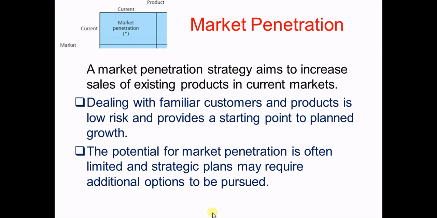Probably the reason for pursuing this strategy could be on the assumption that the sales are not growing for an organization because people are not aware of the products, or there are some segments of the market that are not being served. Therefore, you pursue this strategy to try and increase product awareness through advertisements and other forms of creating awareness in your current market.